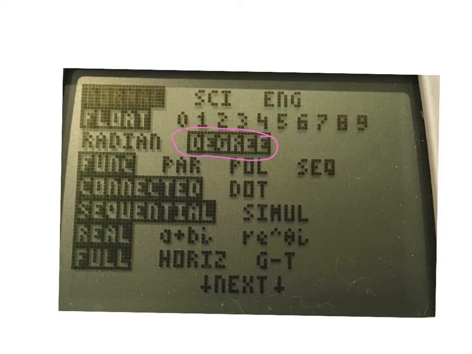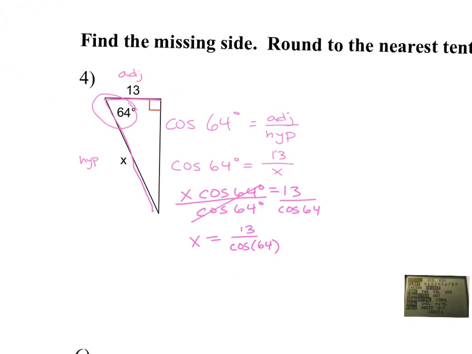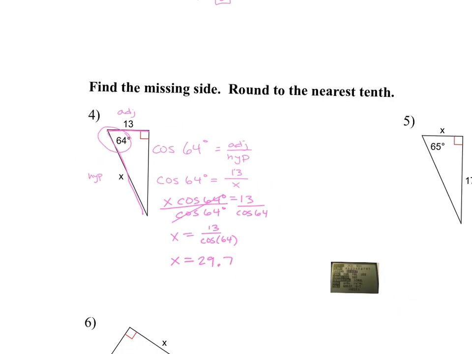So I need to make sure that degree is selected when I'm in mode. Now, if I've done that, I can go ahead and type in 13 divided by cosine of 64, and I find out that my x is 29.7 when you round to the nearest tenth, as these instructions say. So we are able to find that missing side.